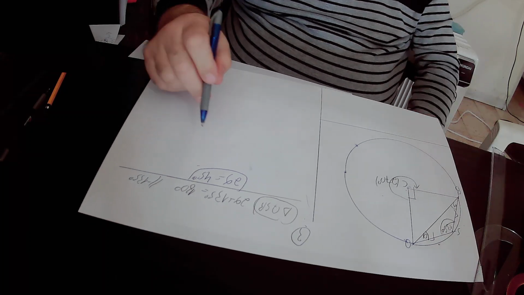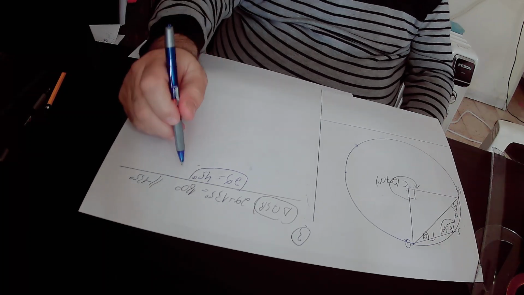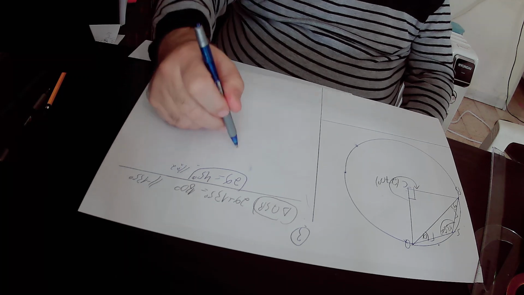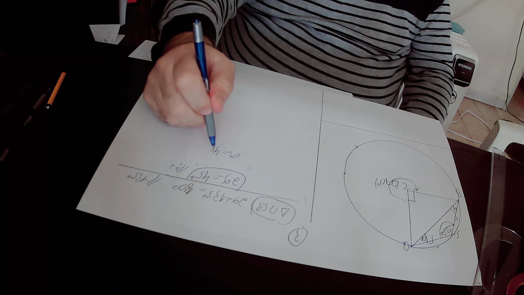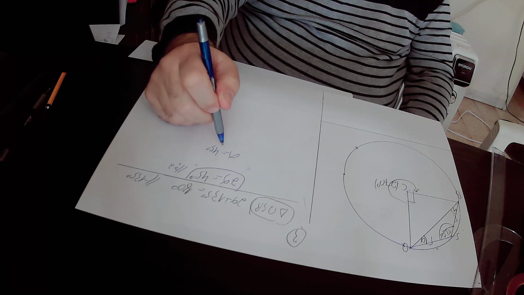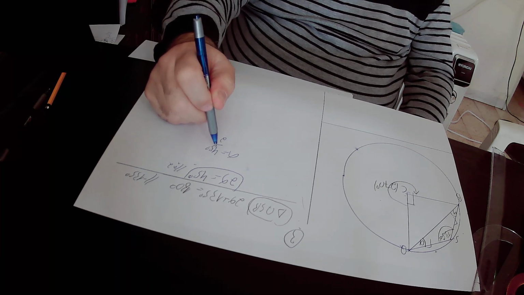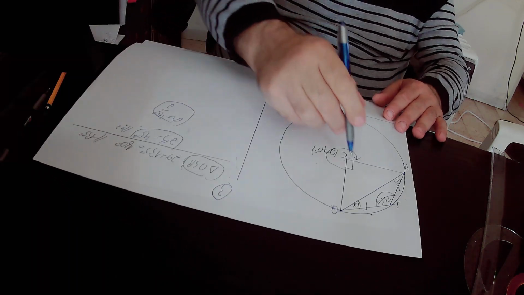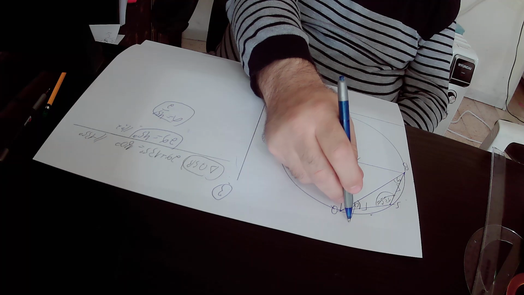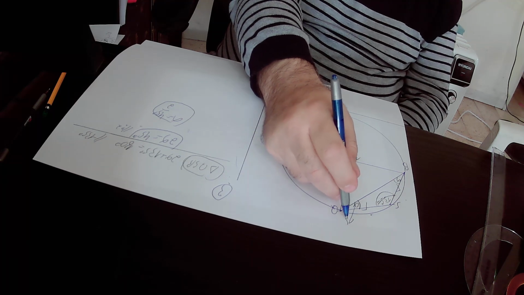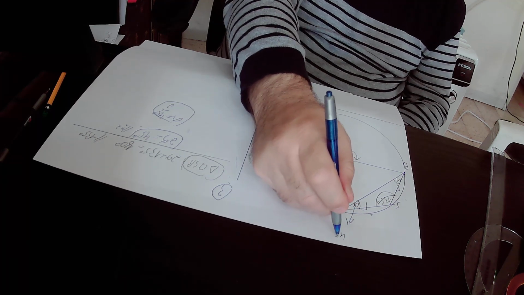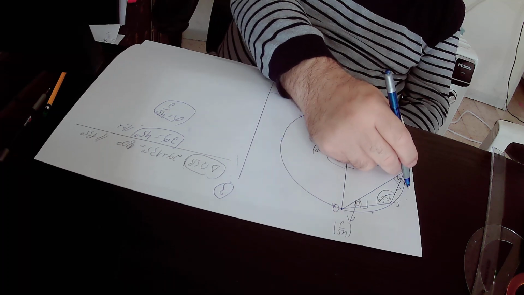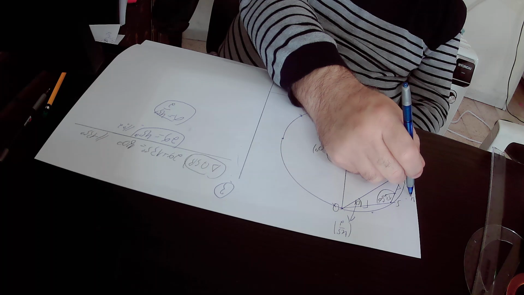Here we will divide this equation by 2, and finally we get that alpha equals 45 over 2 degrees. So this is angle alpha, equal to 45 over 2 degrees, and this is also angle alpha equal to 45 over 2 degrees.